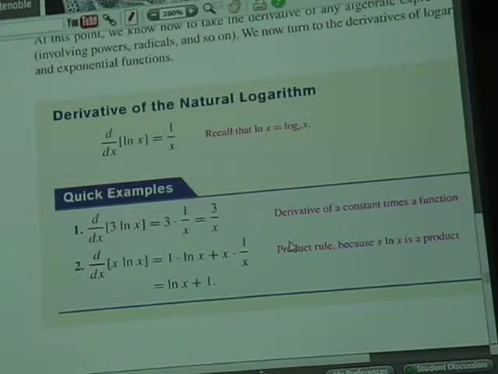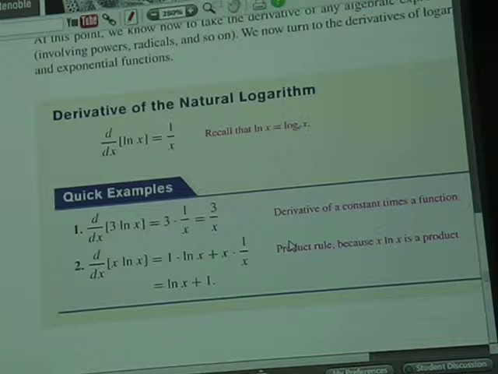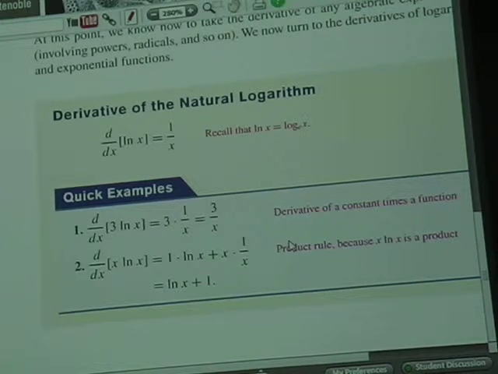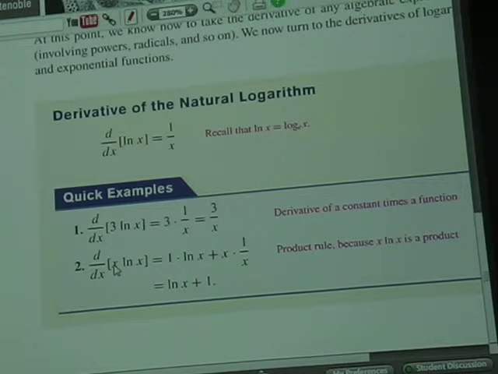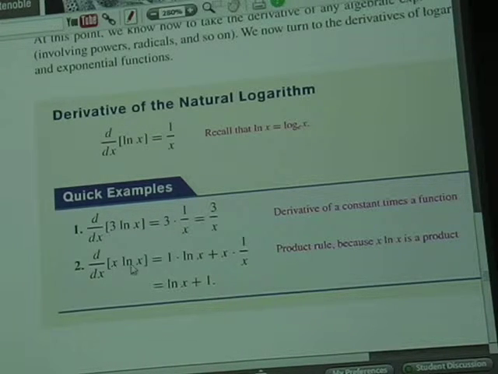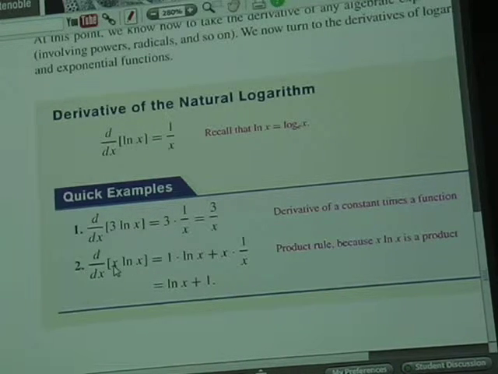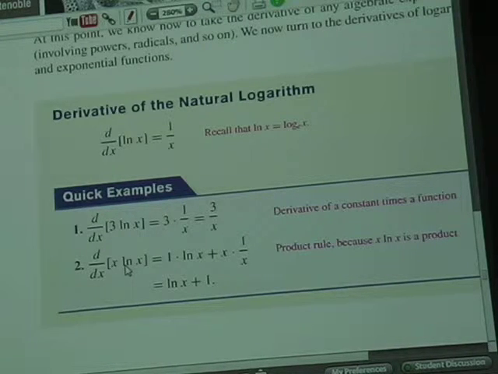But here it is. F prime times G plus G prime times F. Okay? So this one is F, and this one is G. X is F, and ln of x is G. So what's the rule?